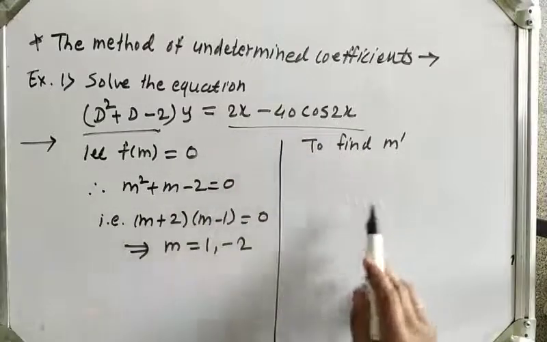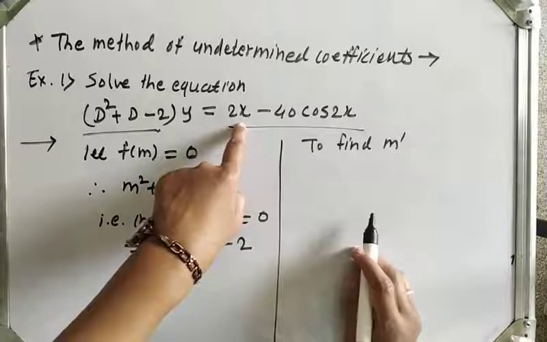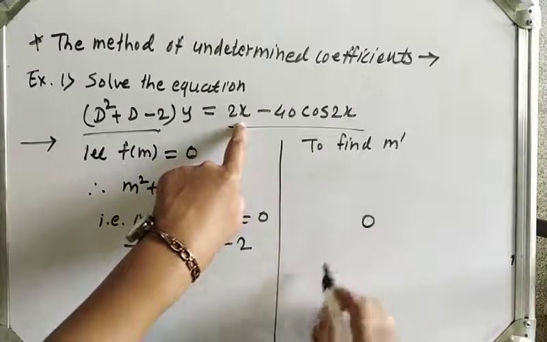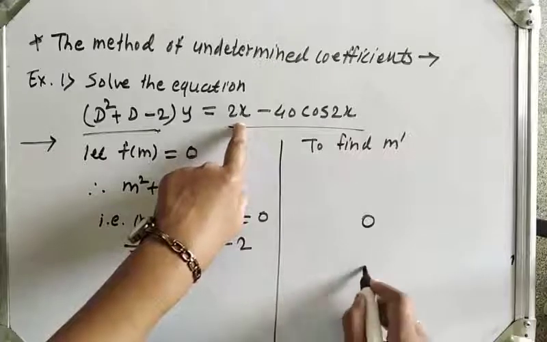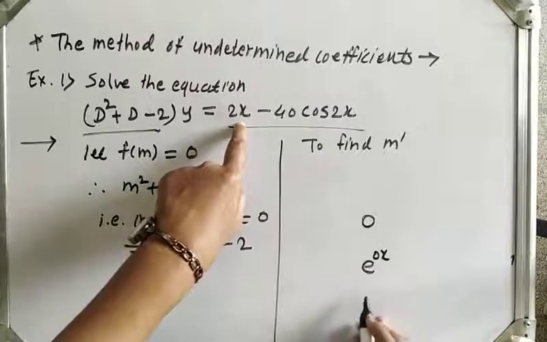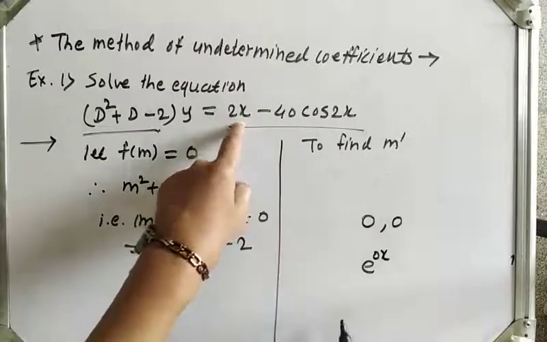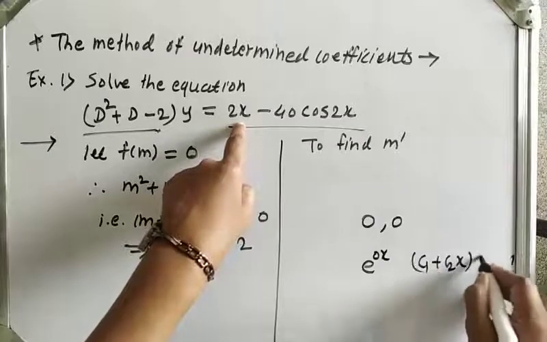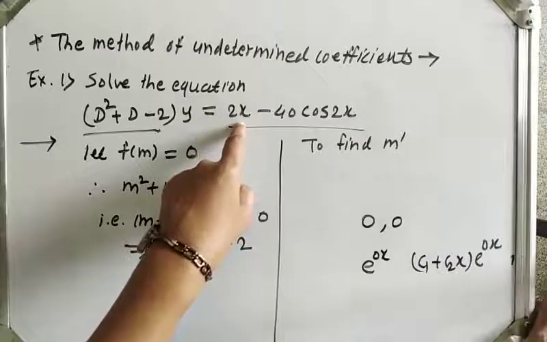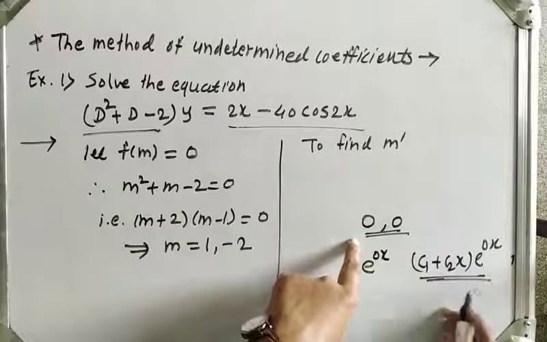Now look here, here is x. If our root is 0, then what will be the corresponding complementary function? e^(0x). If our root is 0 two times, then what will be our solution? (C1 + C2 x) e^(0x). If it is 2 times, then this is our complementary function.